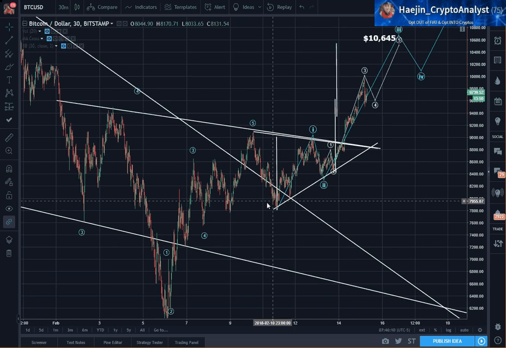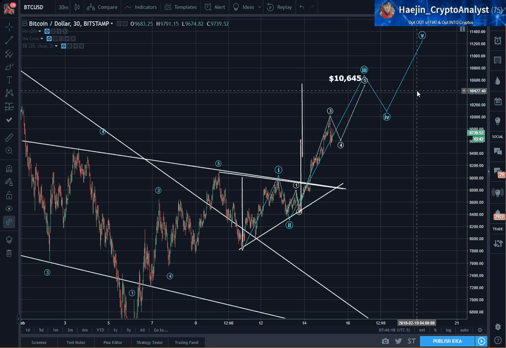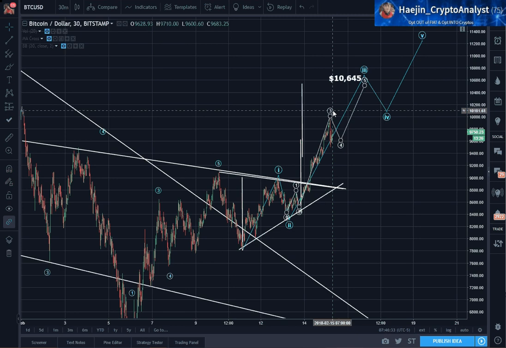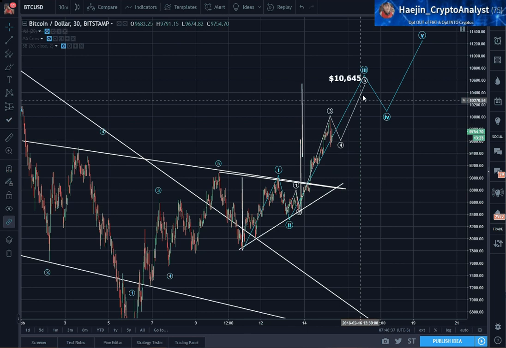So we also have 1, 2, 3, blue, 4, and 5. And we have 1 of 3, 2 of 3, 3 of 3 complete probably. 4 is happening, 4 of 3, and then 5 of 3.